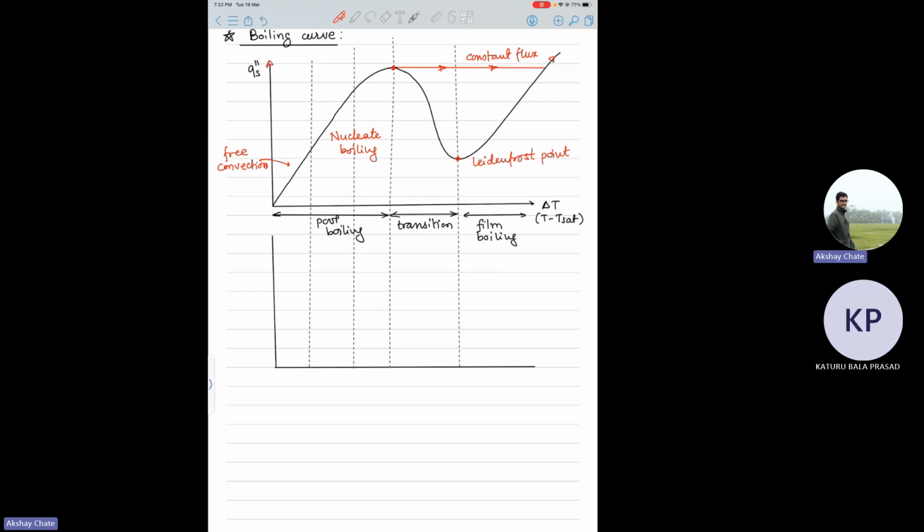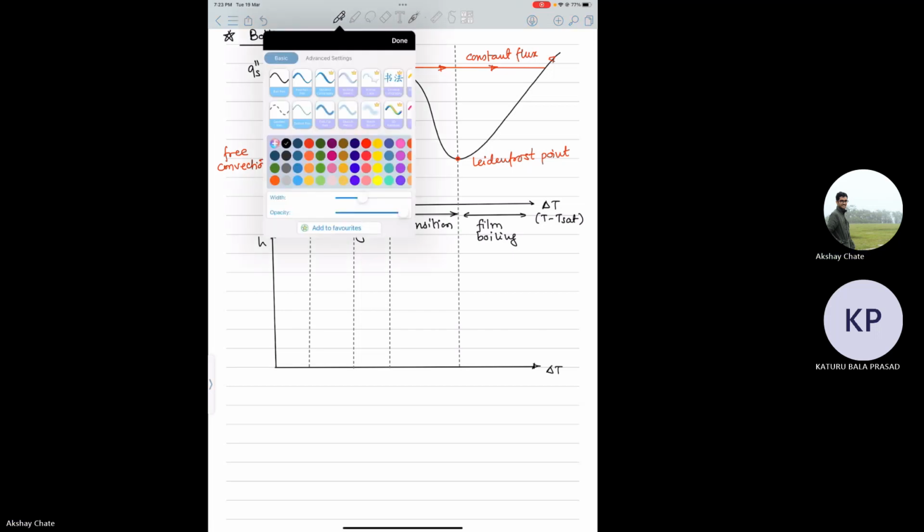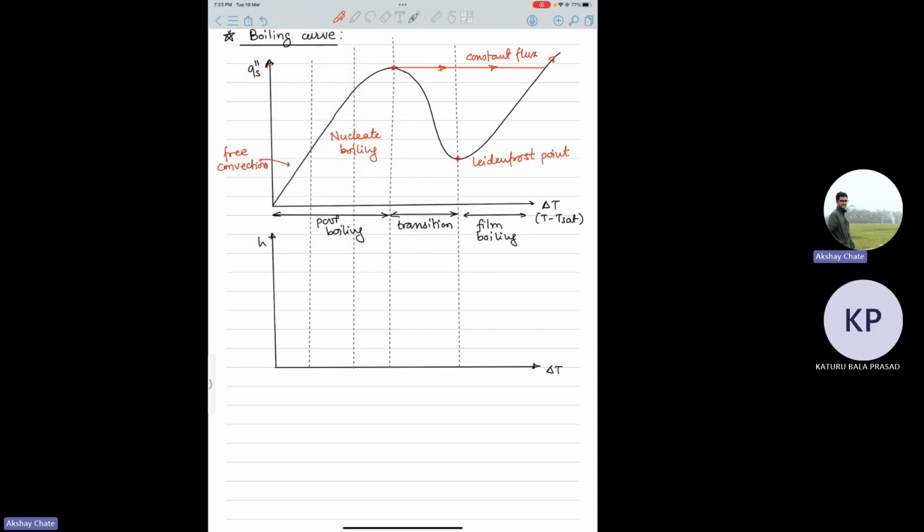And related to that, if you plot H versus delta T, which is your heat transfer coefficient versus delta T, what happens in this region is your H increases, but in this region it starts to decrease.